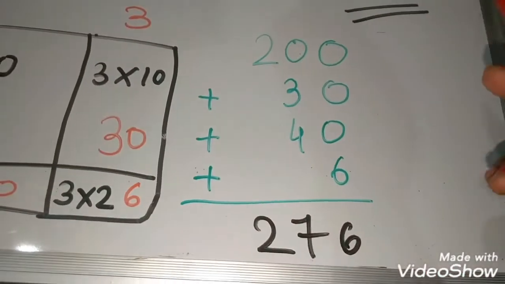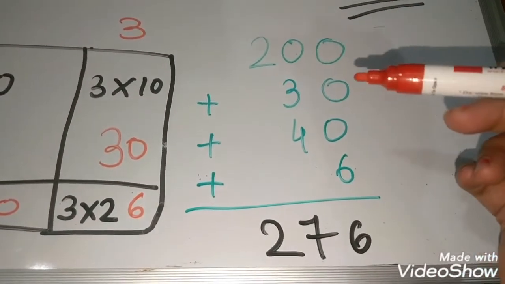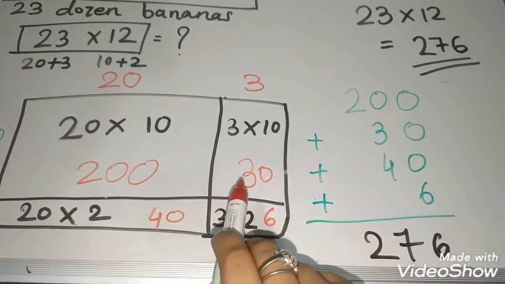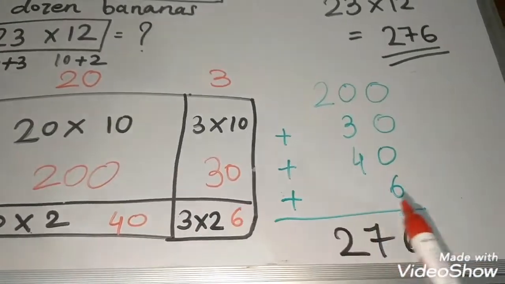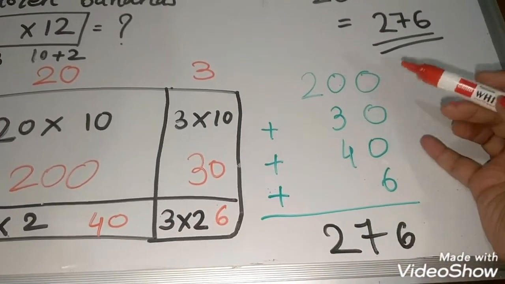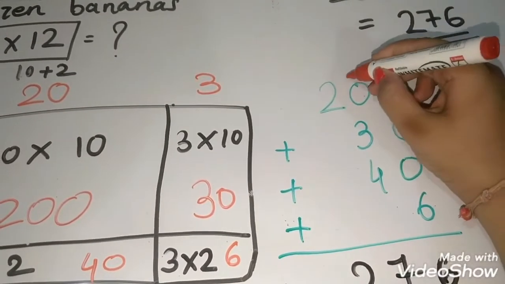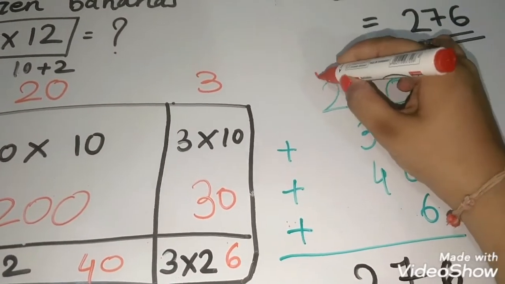So here I have added all the 4 numbers. 200 plus 30 plus 40 plus 6. Here I have added, and we remember one thing, my dear children. This is ones, tens and hundreds.